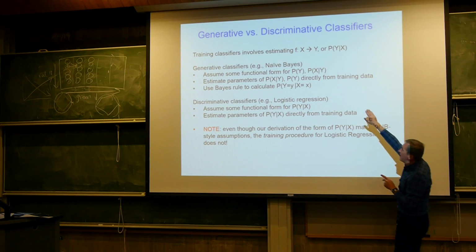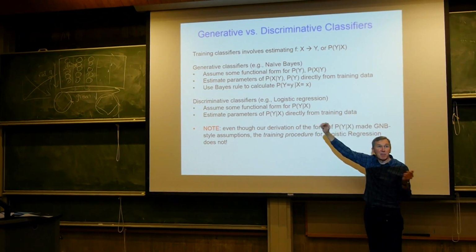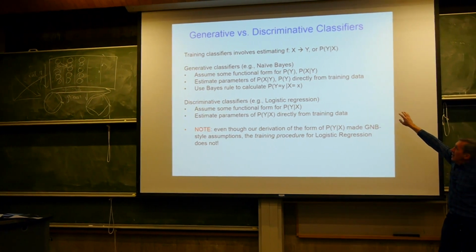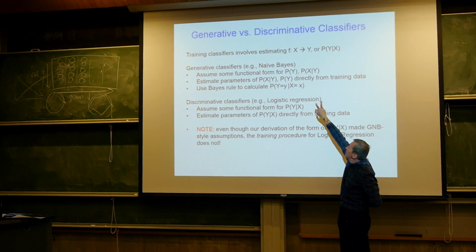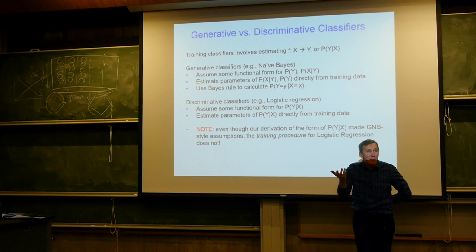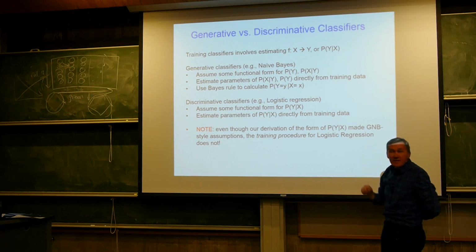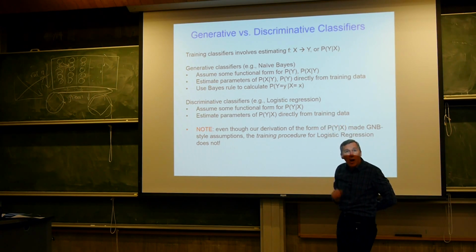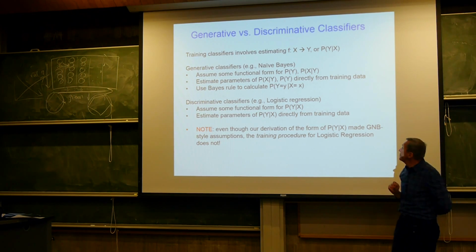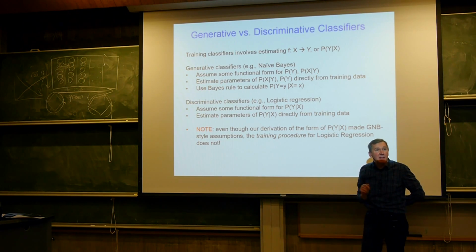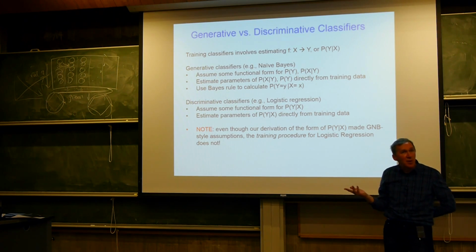Generally, if people talk about a generative classifier, naive Bayes is an example, what they mean is that that learning method assumes that there's some functional form for P of y and P of x given y. In the case of Gaussian naive Bayes, for example, we assume y is governed by a Bernoulli distribution, and P of x given y is governed by a Gaussian distribution. And then we estimate the parameters of those two things and use Bayes' rule to calculate, given a new x, what's the probability distribution over possible y's.